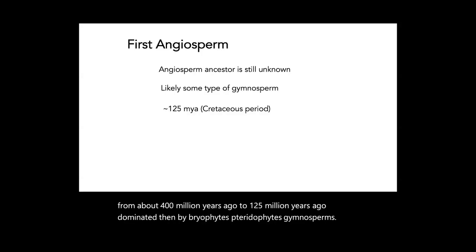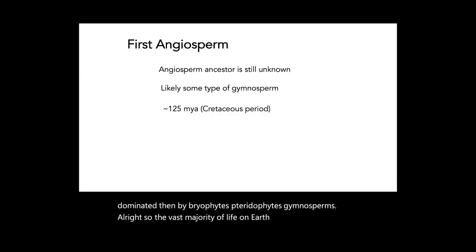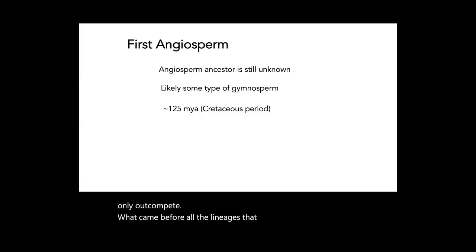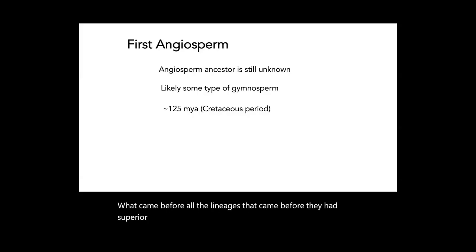All right, so the vast majority of life on Earth has been dominated not by the angiosperms, but by these other groups of plants. Angiosperms are relatively new in the grand scheme of things. Only 125 million years have we had angiosperms, but as soon as they evolved, they had the critical traits that enabled them to outcompete all the lineages that came before. They had superior competitive traits, but they also had the traits that enable them to colonize the driest and the coldest parts of the planet.